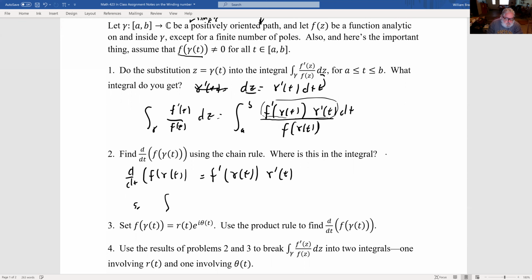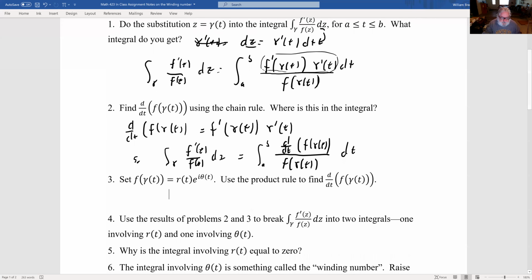So integral around gamma of f prime of z over f of z dz equals, in fact, the integral from a to b of, now I'm going to get a little bit messy because there's going to have to be lots of fractions. F of gamma of t, that's my denominator. And now my numerator by this last calculation is the derivative of f of gamma of t dt.